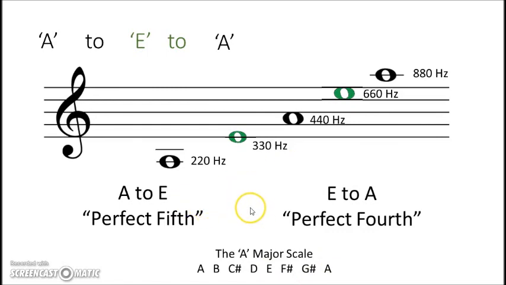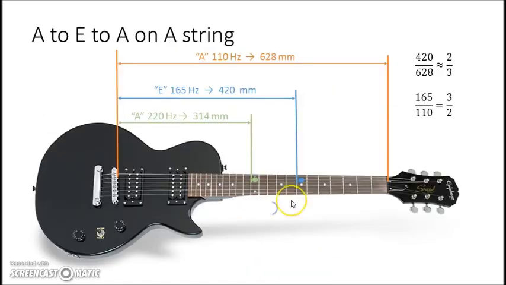Now this means some interesting things with our fractions, because, yeah, 2/3 the distance will get you to the 1.5 times frequency, so that's your 5th. But if you compare these two distances here, you got 3/4 of the distance will give you 4/3 the frequency. And look, then we got from your 110 to your 220.